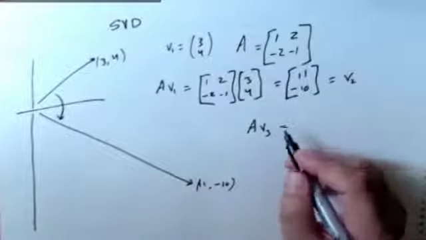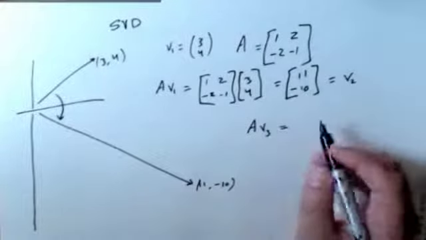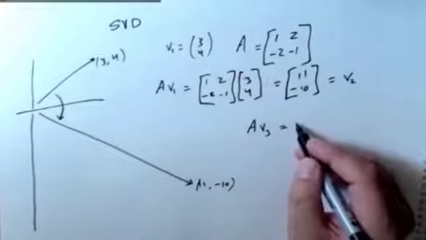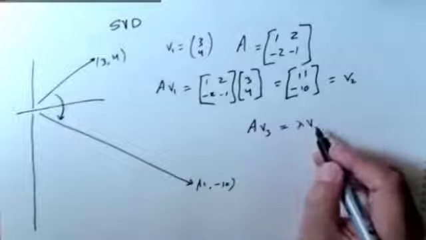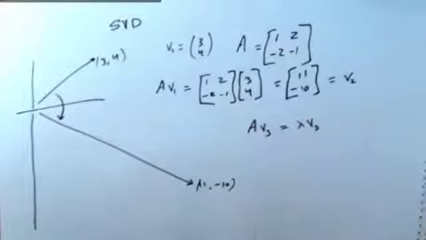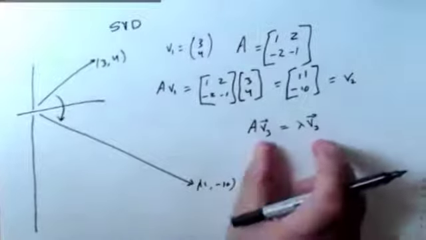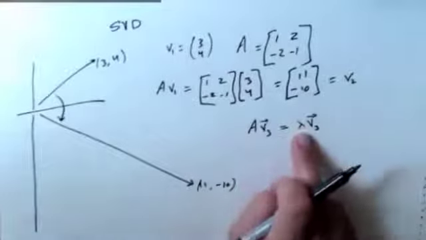It doesn't change its direction, only the scale gets changed. It becomes lambda times V3. So the vector remains the same, only the magnitude changes.